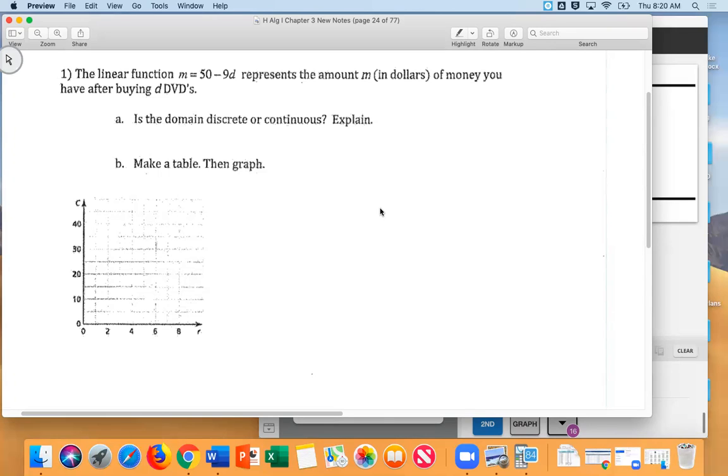You either buy the DVD or you don't. Whereas like temperature, it was smooth because we would gradually increase. You could have half a degree or you could have a quarter of a degree. You just don't go from 200 degrees to 350 degrees. You have to hit every number in between. But with a DVD, you either buy it or you don't. So here it is discrete.